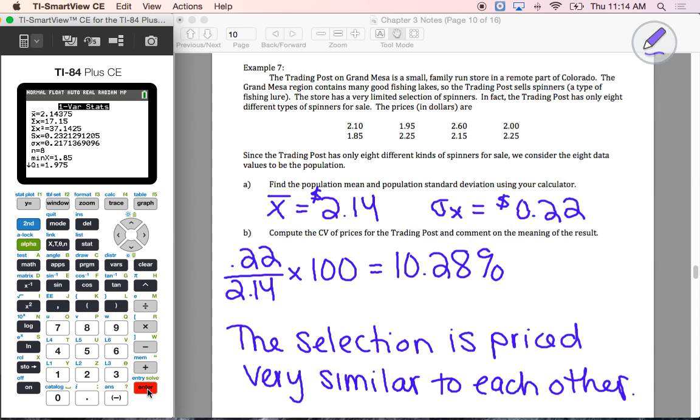And again, that's because our coefficient of variation is a smaller percent. The smaller the percent, the closer your data is to the mean. So it's not going to be varied as much.